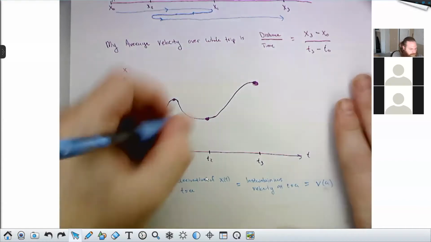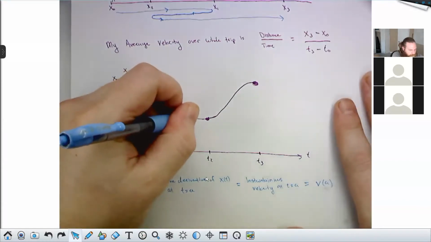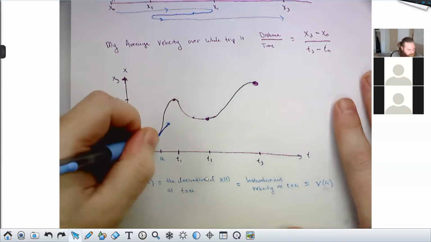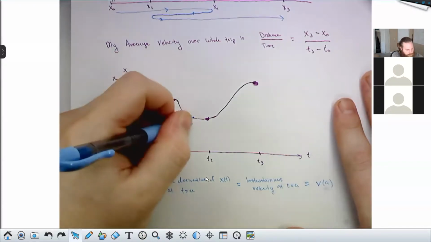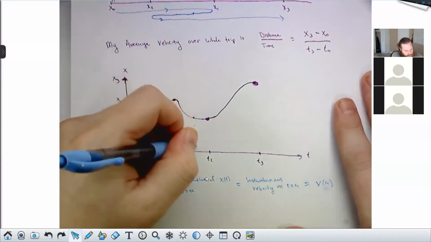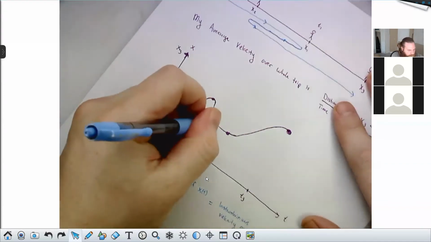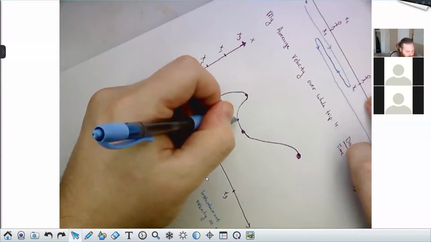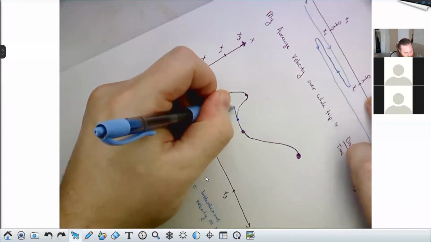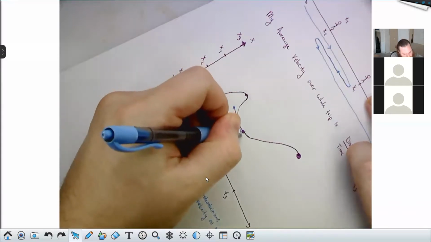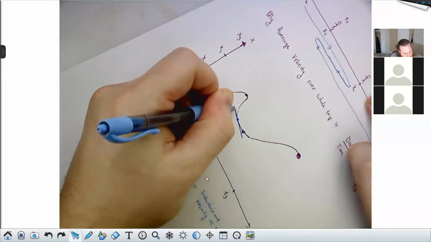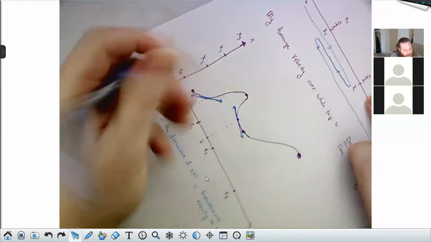Notice that if I do this in here, call this point here B, if I come in here and I calculate this tangent line, the slope here is negative.